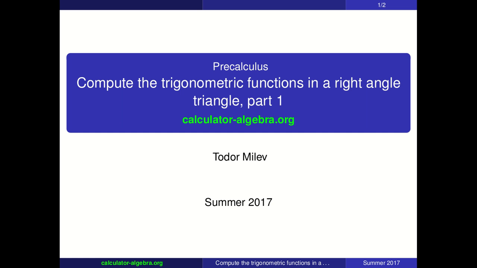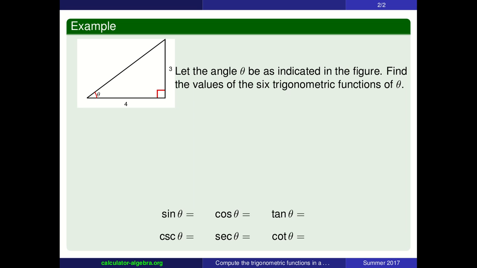I'm now going to teach you how to compute the trigonometric functions from a given right angle triangle. Let's see a typical problem. So let's see what we've got. Let's read the problem first. Let the angle theta be as indicated in the figure. So I don't know if you see the angle theta.